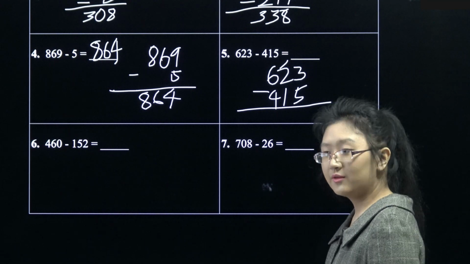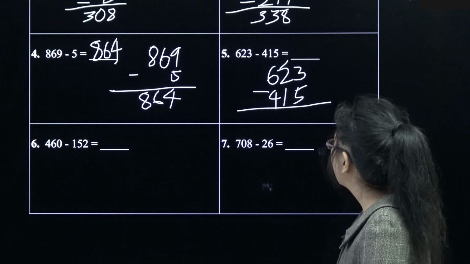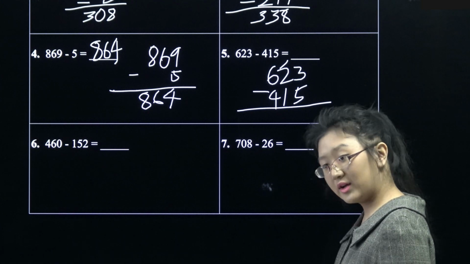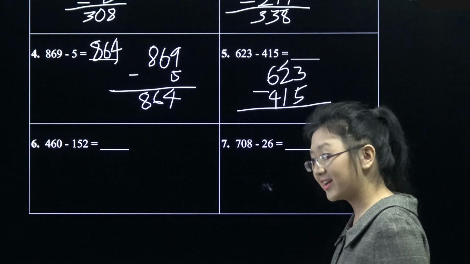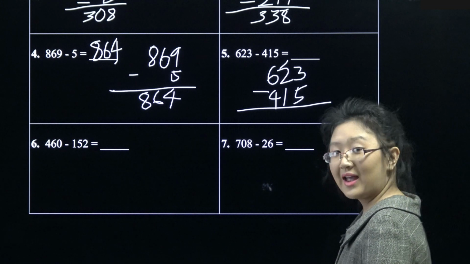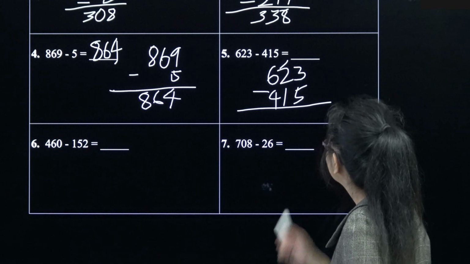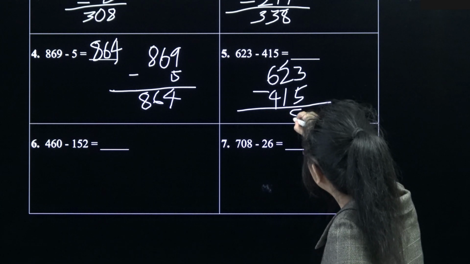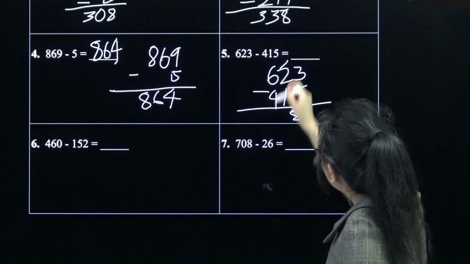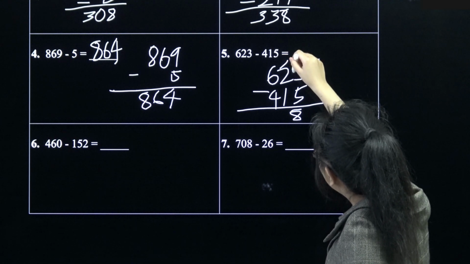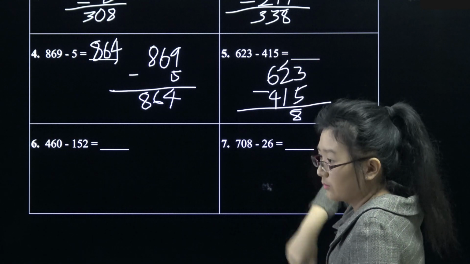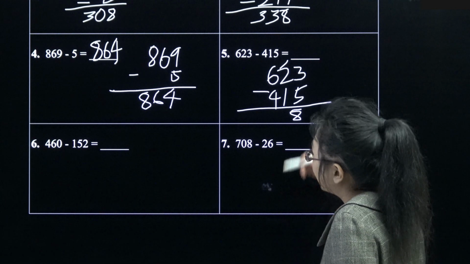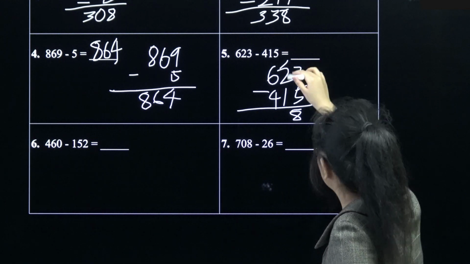And since we borrowed 10, we have 13 now, because 3 plus 10 equals 13. Not that difficult to figure out. 13 minus 5 is equal to 8. And we borrowed 1 from 2. Well, 1 ten from 2 tens, which leaves 1 ten left, or in this case just 1.